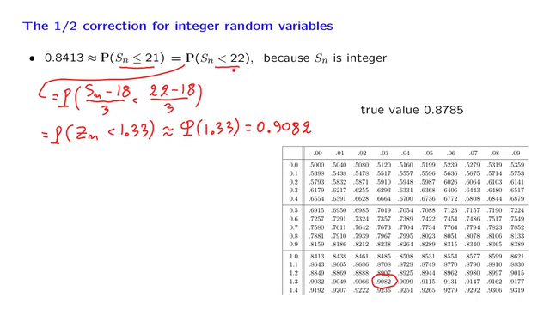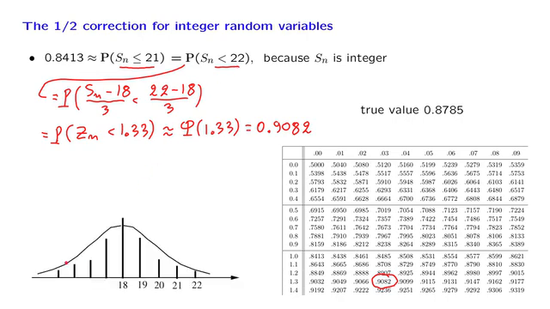What we're doing is the following. We have the PMF of the binomial centered at 18, which is the mean. It's a discrete random variable. But when we use the central limit theorem, we pretend that the binomial is normal, but while we keep the same mean and variance.